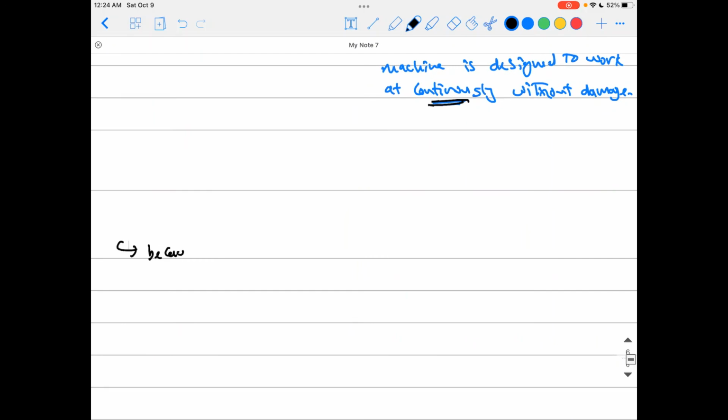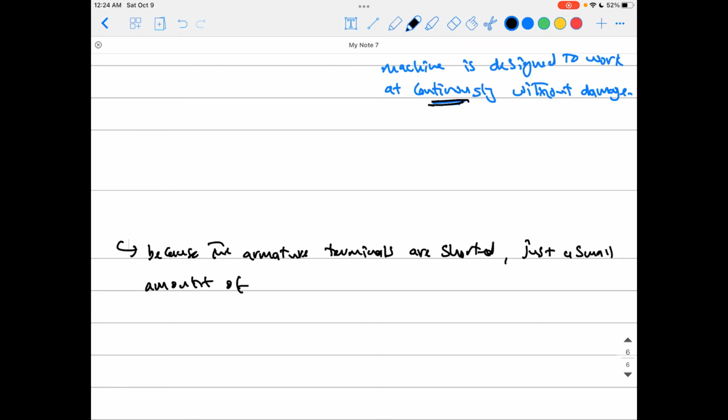The whole point is that because the armature terminals are shorted, just a small amount of IF will bring the armature current to its rated value.